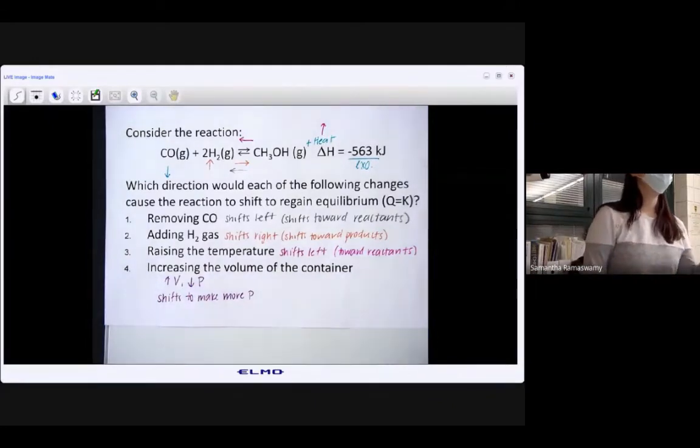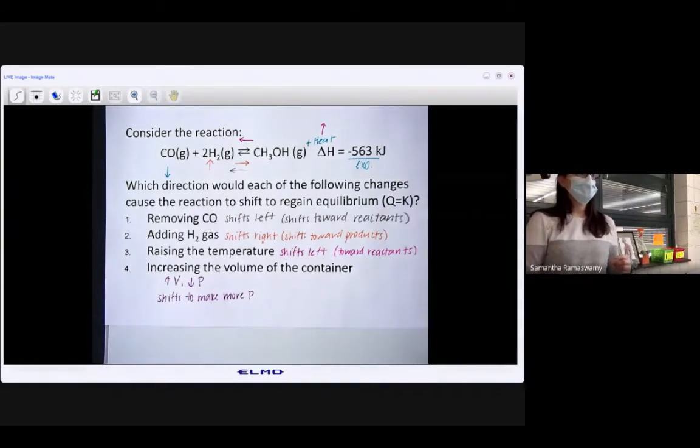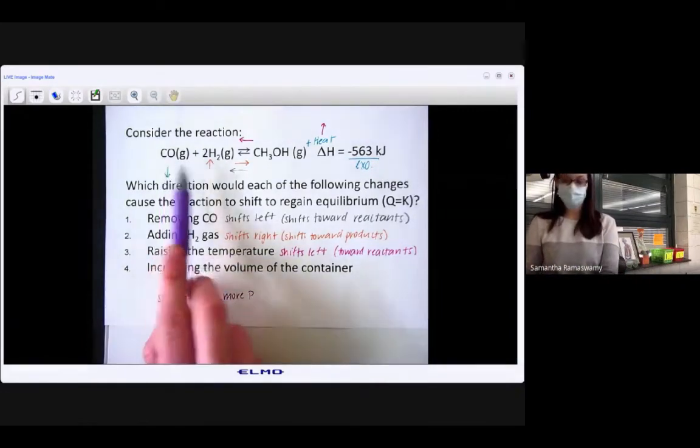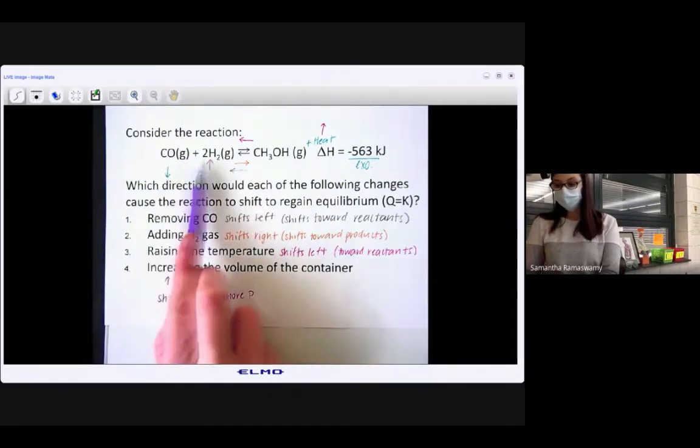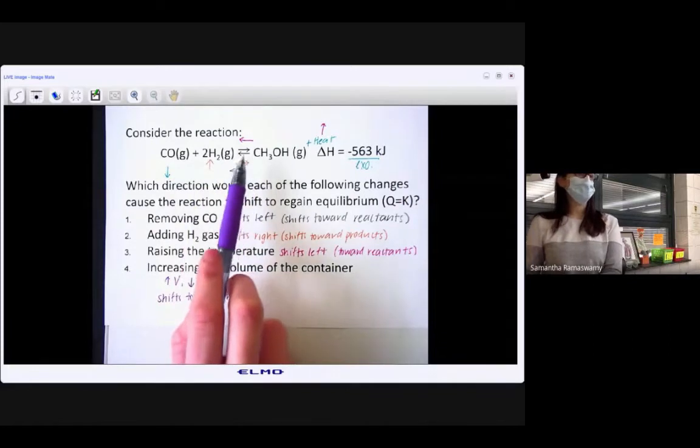The way that it's going to make more pressure is by shifting to the side of the reaction that has more moles of gas. Because the more moles of gas that you have, the more collisions that there are. So if you look at the balanced equation, we have 3 total moles of gas on the left, 1 mole of gas on the right.